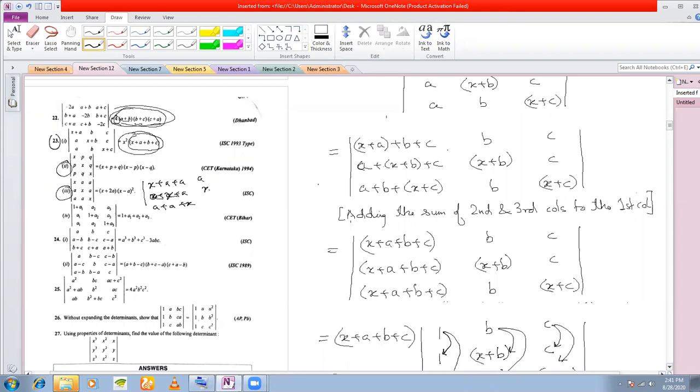And then these two remain as they are. What have I done? Adding the sum of second and third columns to the first column. Now you can take x plus 2a common. You're getting x plus 2a out. Okay, so this also you can do. This is same as this.